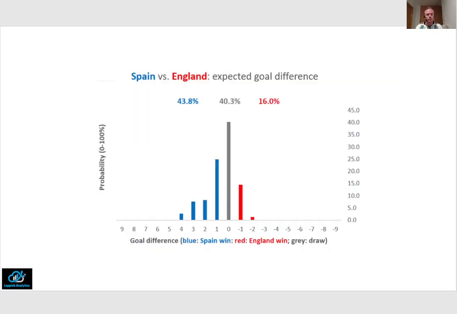Using these numbers for the 144 comparisons, 43.8% of the comparisons indicate a goal difference in favor of Spain, another 40.3% indicate a draw, and the remaining 16% indicate a goal difference in favor of England, with the difference in the third decimal when adding these numbers to 100% being due to rounding error.